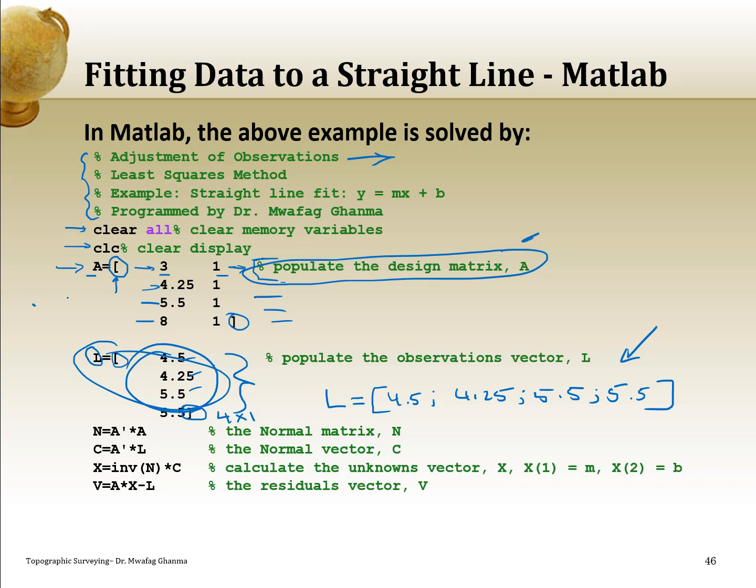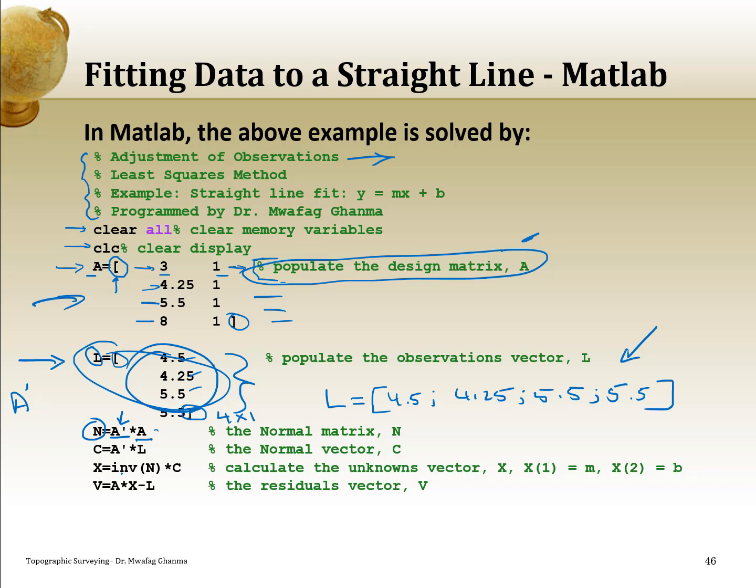Once we have A and L, we do the solution. The normal matrix N equals A transpose times A. In MATLAB, for the transpose, you just put the matrix and follow it with an apostrophe. So this now is the transpose, multiplied by A, just regular multiplication. That's why we use MATLAB, it's very straightforward.